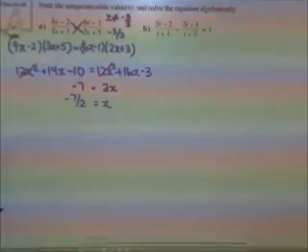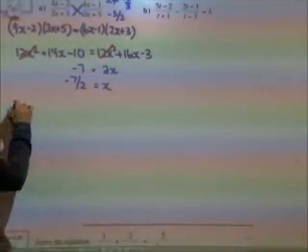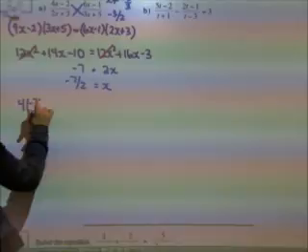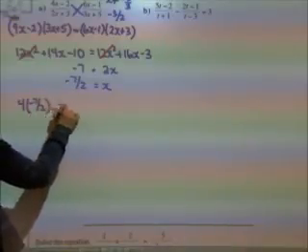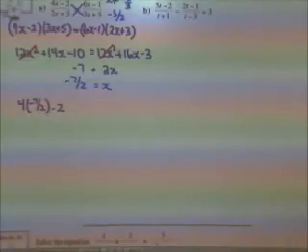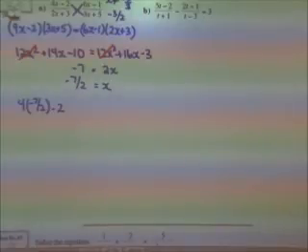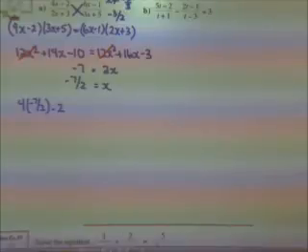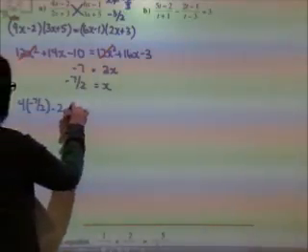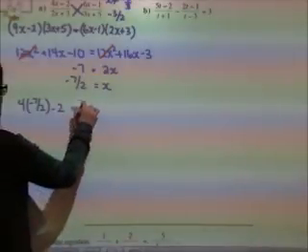So when I go to verify this, 4 times negative 7/2 minus 2. So it's 4 times negative 7/2, and negative 14 minus 2 is negative 16.